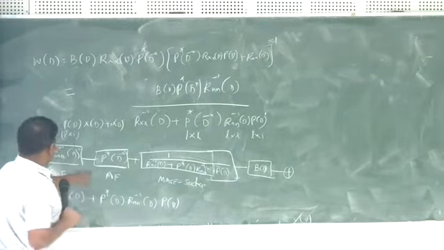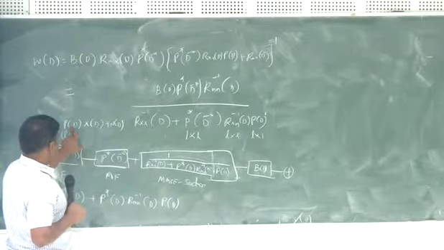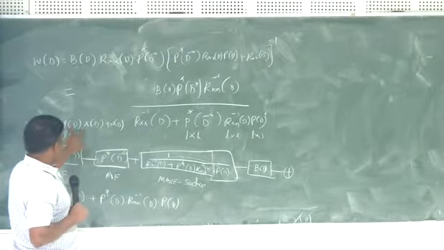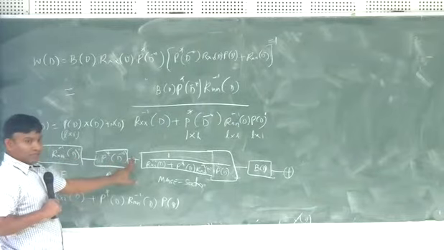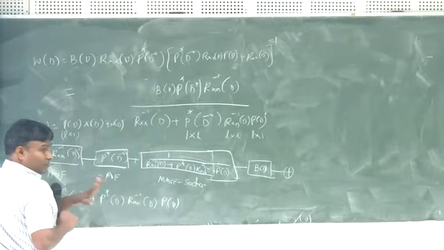The total impulse response would be P star D inverse Rn inverse of D multiplied by P of D. That is the total impulse response after applying these two filters. Just keep it in mind.